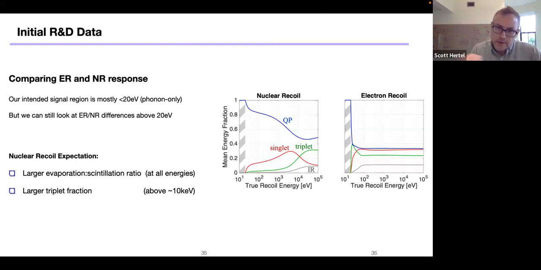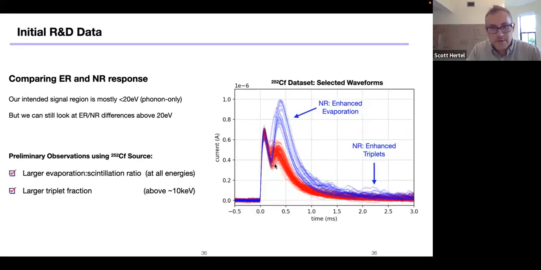We've exposed the helium to both nuclear recoil and electron recoil sources of radiation. So neutrons, which hit the atom, versus an electron recoil from a gamma, which excites the electrons. So we expect widely different ratios between these atomic signals and the quasi-particle signals, and we see roughly what we expect.